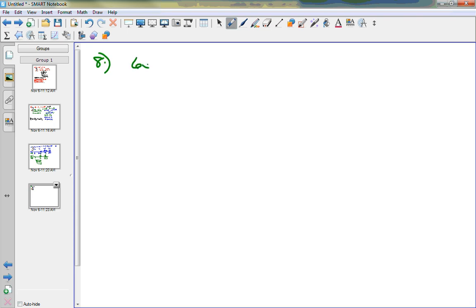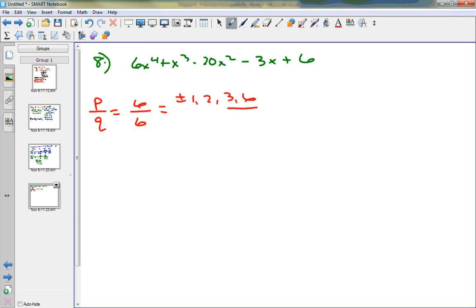So I have 6x to the 4th plus x cubed minus 20x squared minus 3x plus 6. Okay, well immediately what I need to do is p over q. P is 6, Q is 6. This is going to be plus or minus 1, 2, 3, 6 over plus or minus 1, 2, 3, 6. So give me all my numbers.